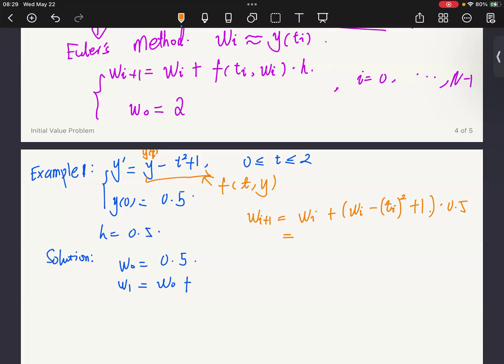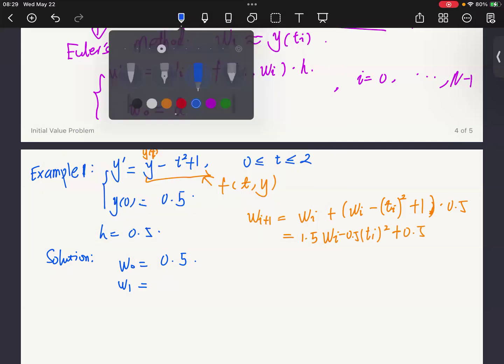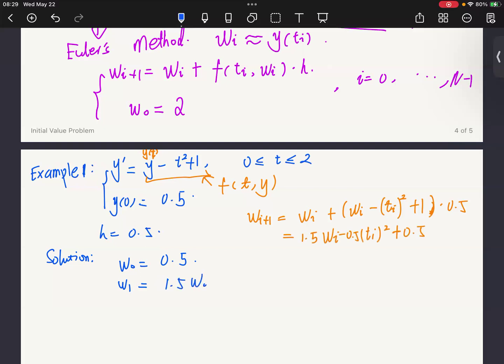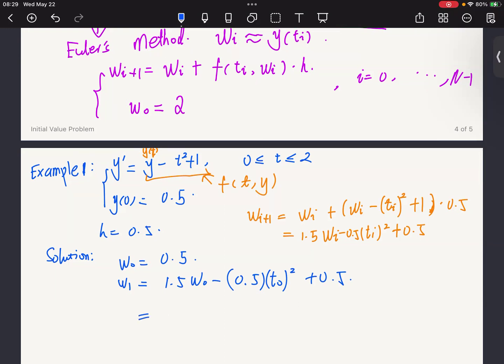So you have 1.5 wi minus 0.5 times ti squared plus 0.5. So for the first one, W1 is 1.5 times W0, minus 0.5 times t0 squared, plus 0.5. That is 1.5 times 0.5, and then 0.5.